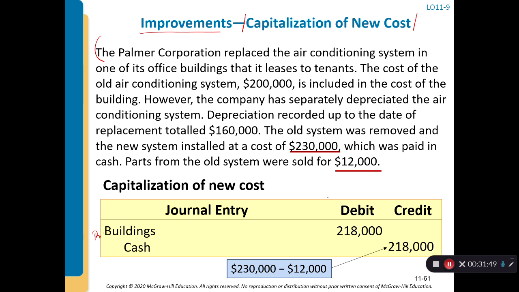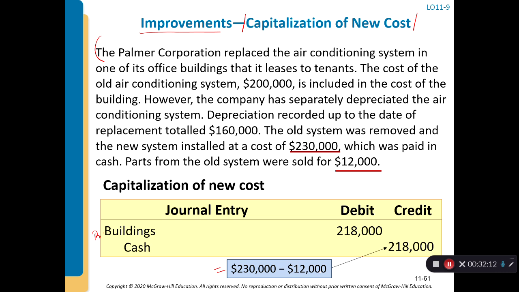How did I get that $218,000? Because in the capitalization, the building is debited $218,000, which equals $230,000 minus the cash we received from the sale of part of the old asset, right?